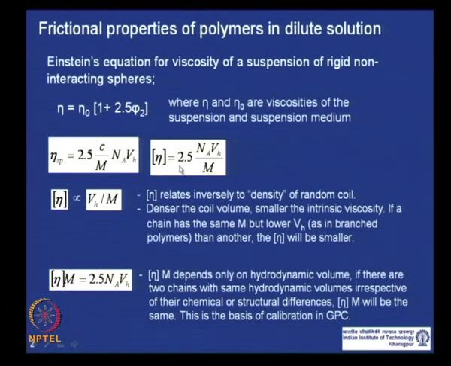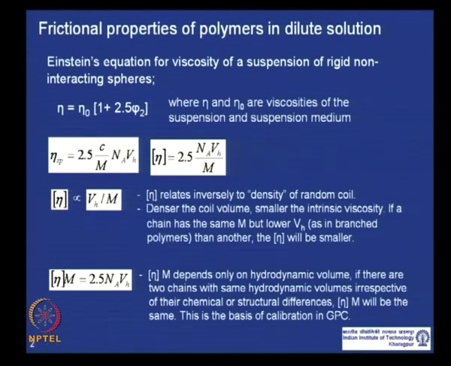Now, another piece of information this expression gives is that the term intrinsic viscosity multiplied by the molecular weight depends only on the volume of the polymer coil in the solution. Intrinsic viscosity alone does not depend only on the volume; it depends on the inverse of the density. But the intrinsic viscosity multiplied by M depends only on the hydrodynamic volume.